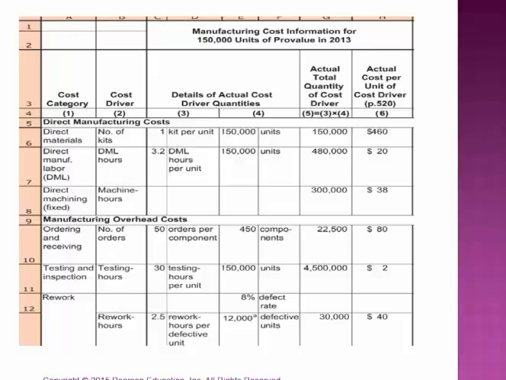And each one of those units is going to require 2.5 hours of rework. So 2.5 hours times 12,000 defective units equals 30,000 hours needed for rework at $40 per hour.